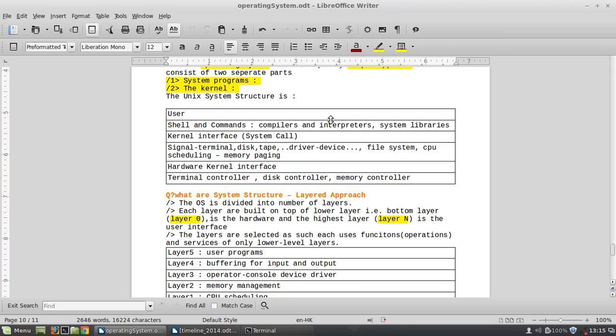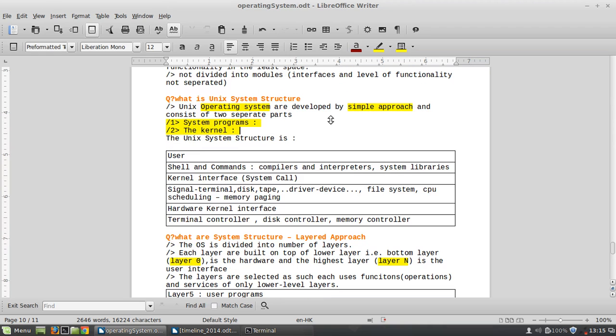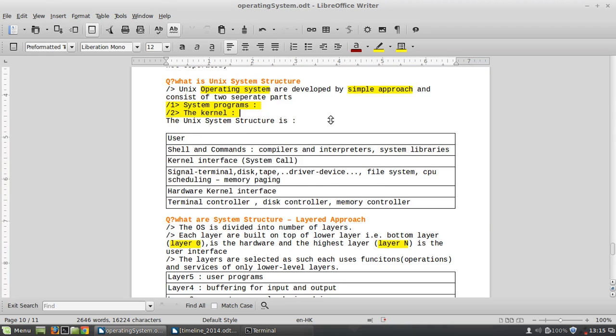Then you can see a different level, the hardware kernel interface level, and then the terminal controller, disk controller, and memory controller level. So this is overall a brief idea of how the Unix system layers are separated.